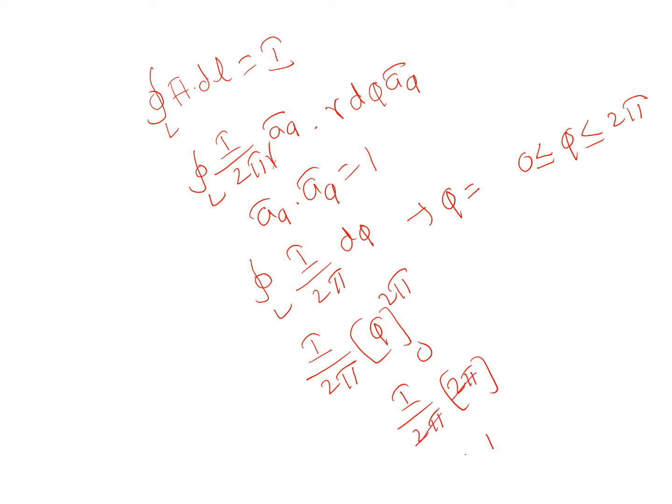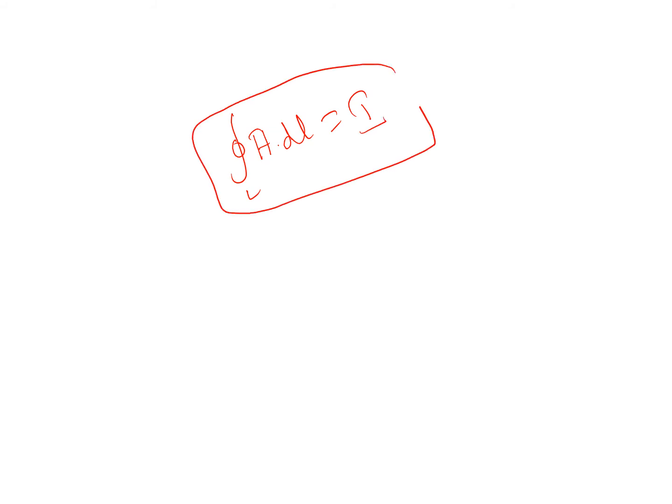That equals I. So the closed line integral of magnetic field intensity equals I. That is the proof of Ampere circuit law.